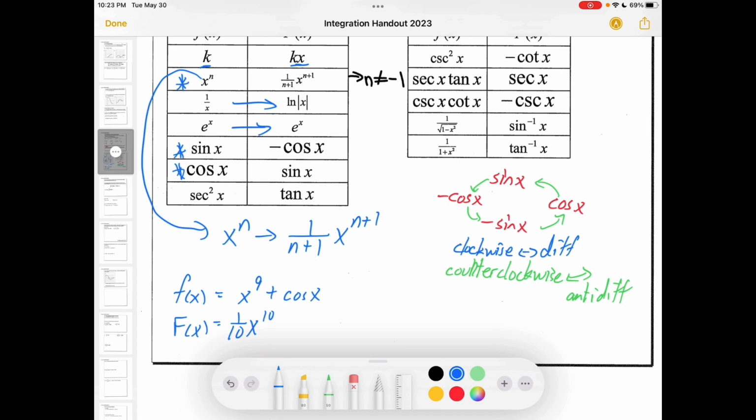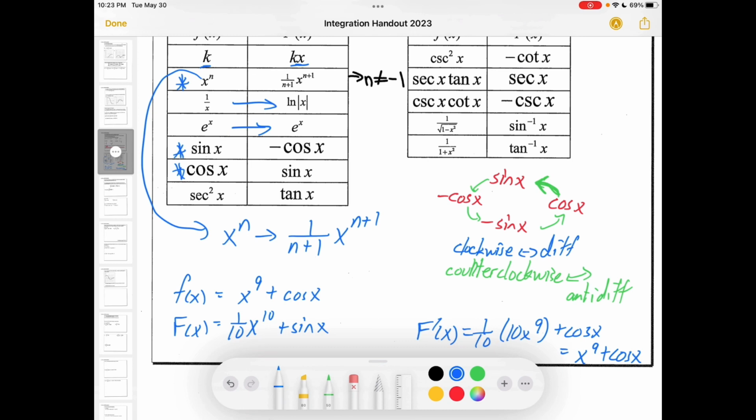Cosine anti-differentiates to sine. I can see it right here. So its antiderivative will be x to the 10 over 10 plus sine x. And we can check this. What is the derivative of that antiderivative? Well, the coefficient would stay. We'd get x to the 9, and the derivative of sine x would be cos x. In other words, we'd be back where we started, so we know we've done it right.